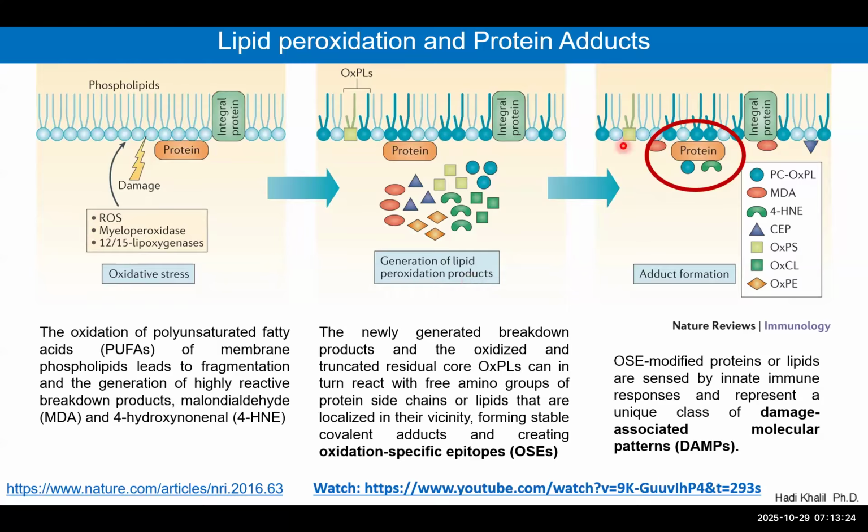And that's what we call oxidation-specific epitopes. Oxidation-specific epitopes. When you say the word epitope, this means it's related to an antibody, and therefore an antibody response might take place sometime.